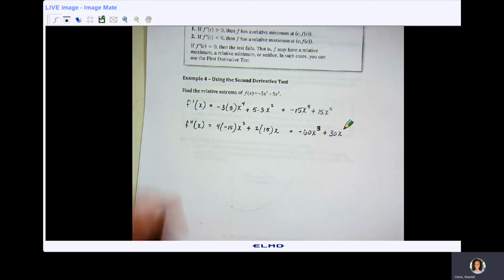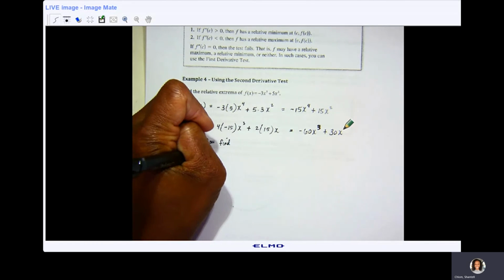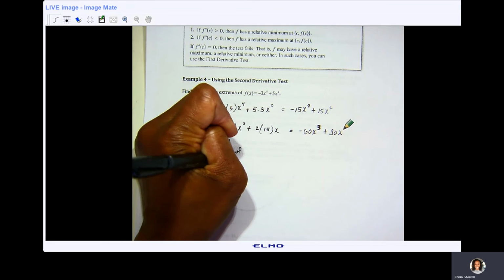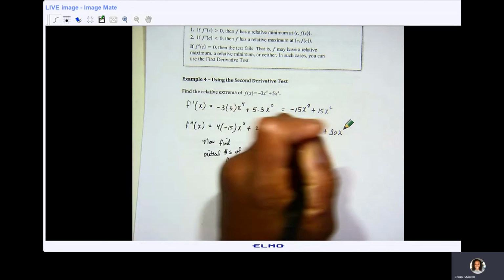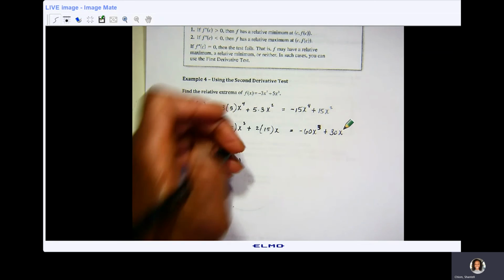Now, find critical numbers of f double prime. Actually, I am wrong. Find critical numbers of f prime, not double prime.